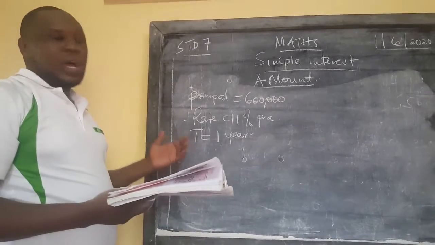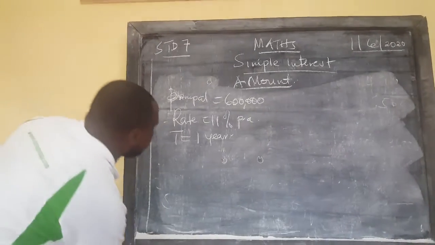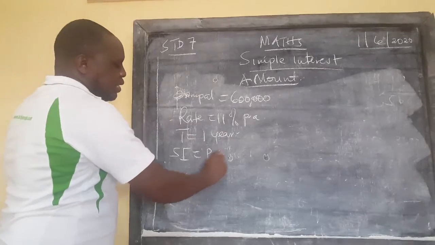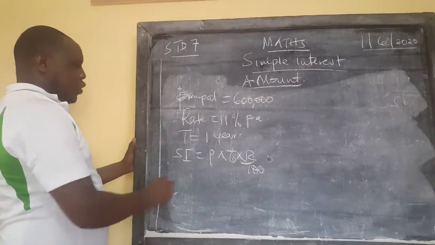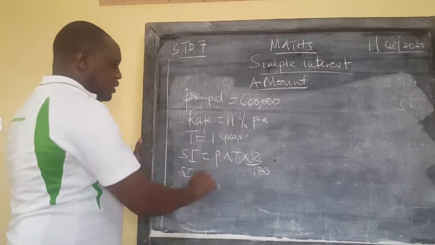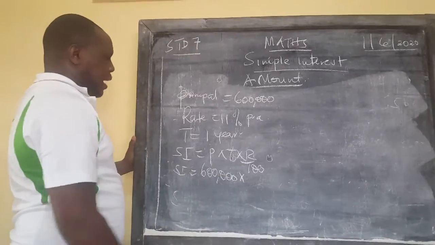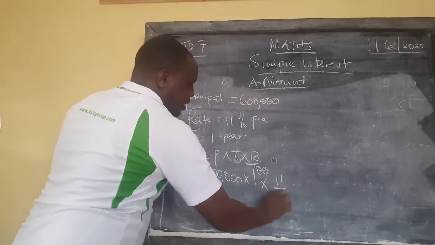So in this case, we are not looking for the amount, we are just calculating the interest, because that is what was withdrawn. So you say simple interest is calculated by principal times time times rate over 100. Therefore, our simple interest will be, our principal is 600,000, multiplied by time, our time is 1 year, and then the rate is 11%.